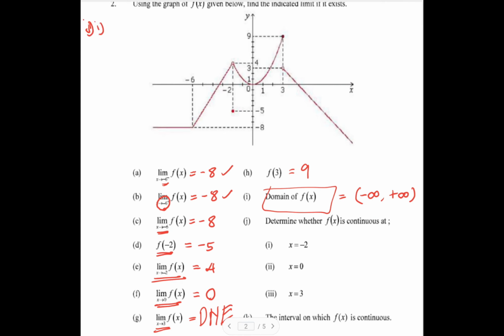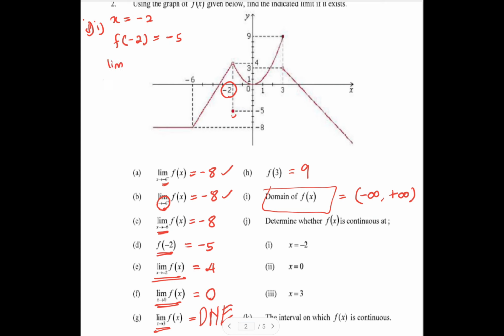Here, which is at x equal to negative 2. First, we must find the value of f(negative 2). Function of f(negative 2), which is negative 2 here, equals negative 5. And then, does the limit exist or not?